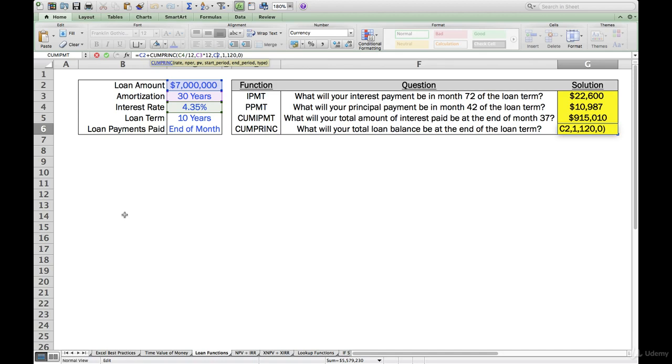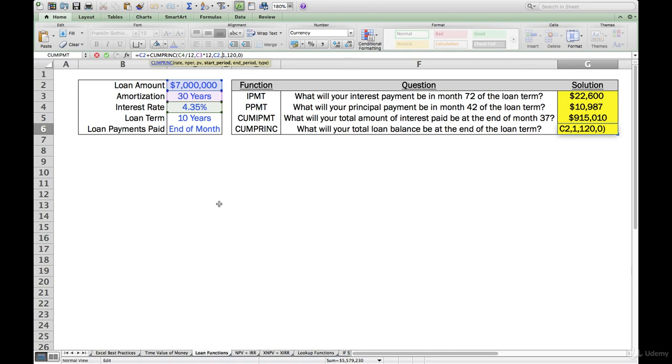And now we want to know from the start period to the end period how much principal we have paid down. So in this case, we want to know from period 1, the first month of the loan, all the way to the end of 120. So we could use a formula here.